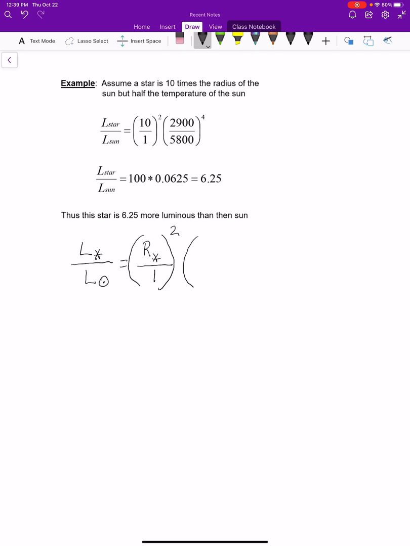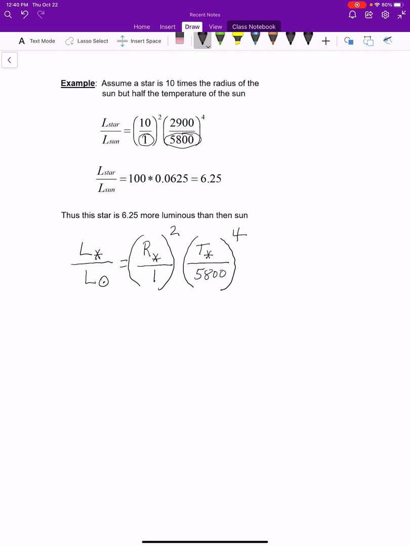Multiplied by the temperature of that star divided by the temperature of the sun, which is 5,800 degrees Kelvin, and we raise that to the 4th power. If you look up here at the top, that's where these two numbers come from. That's part of the original formula to begin with.